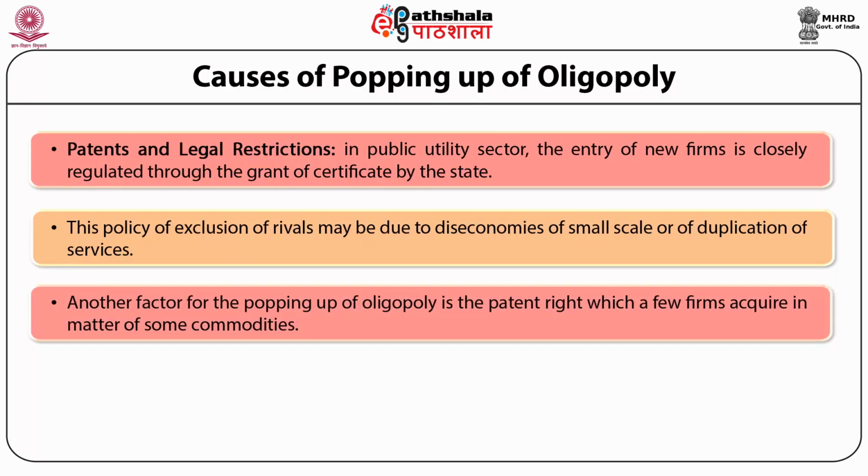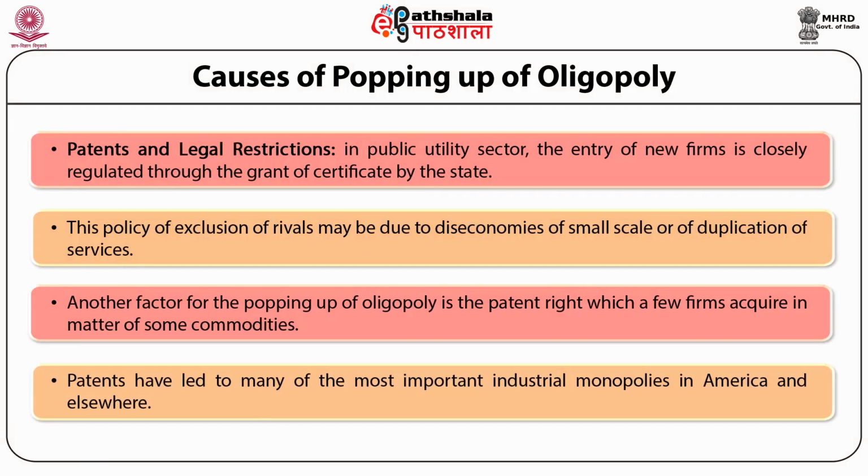Another important factor for the popping up of oligopoly is the patent right, which a few firms acquire in matter of some commodities. Patents have led to many of the most important industrial monopolies in America and elsewhere.